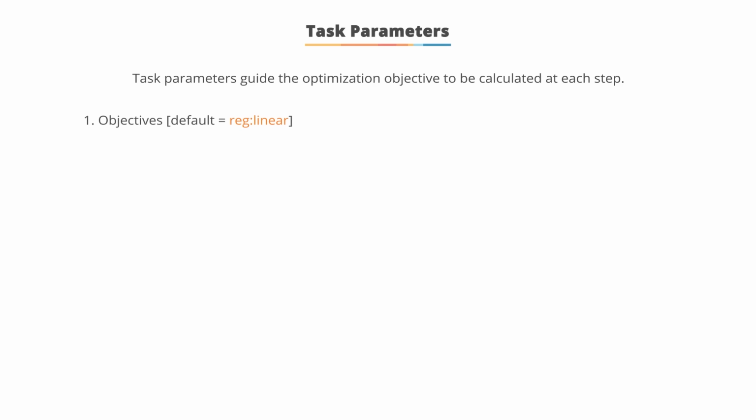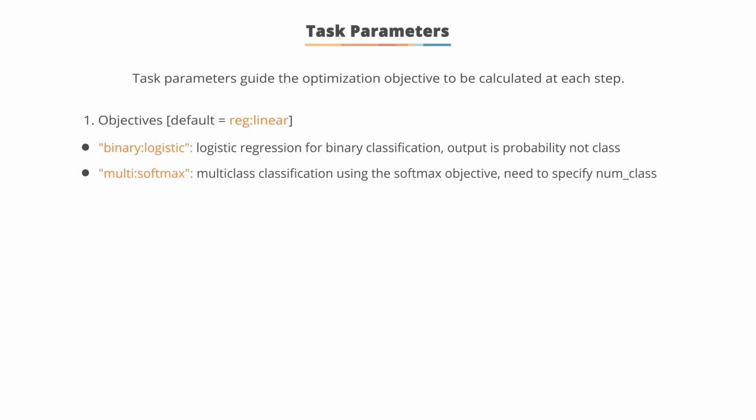Now let's look at the task parameters. Task parameters guide the optimization objective to be calculated at each step. The objective options are binary logistic, which defines logistic regression for binary classification whose output is probability, not class. Multi-softmax defines the multi-class classification using softmax objective.